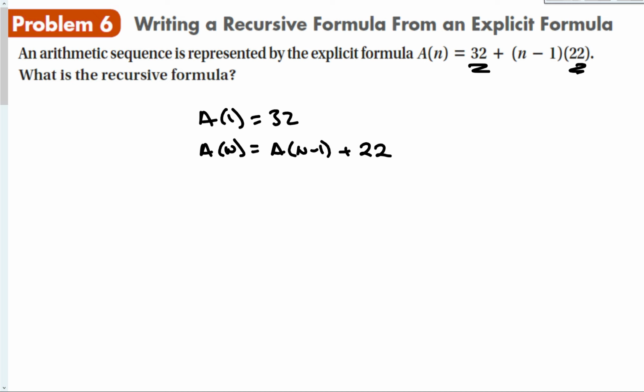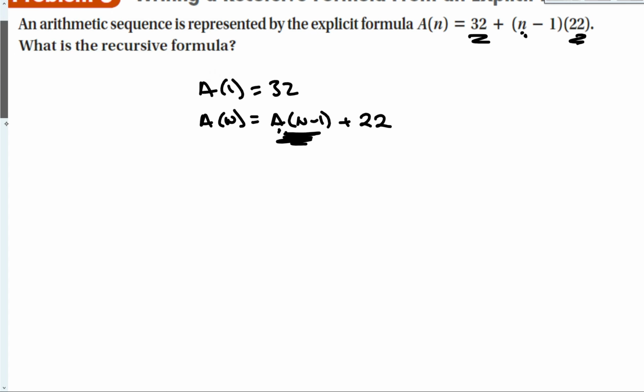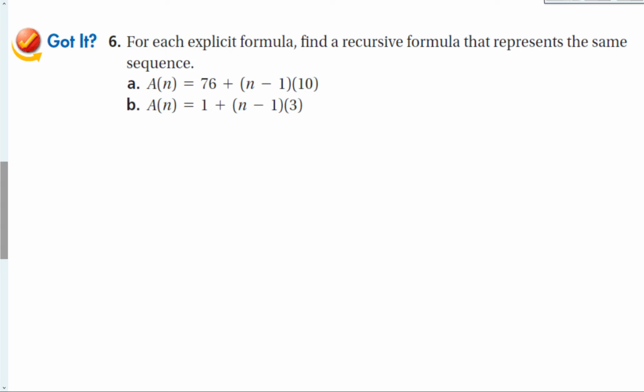So the explicit formula lets me find any term. The recursive formula uses the previous term. Here, n is a variable, the number of the term, and this is a specific term in the sequence. Okay. Big difference.